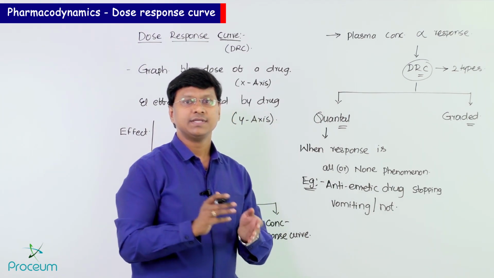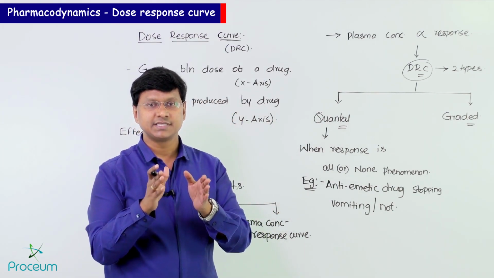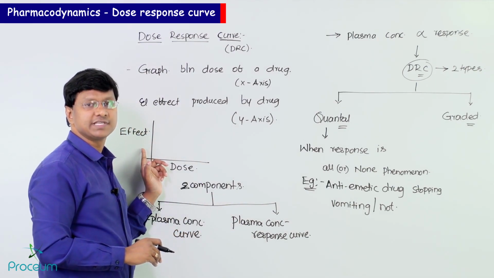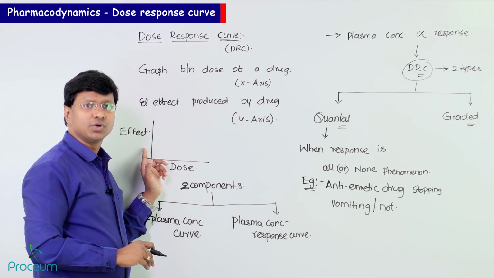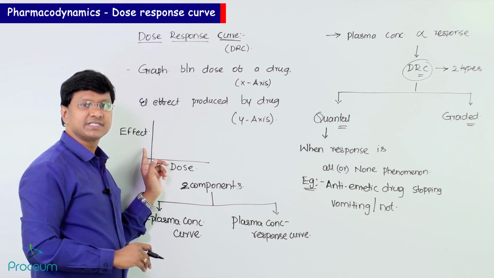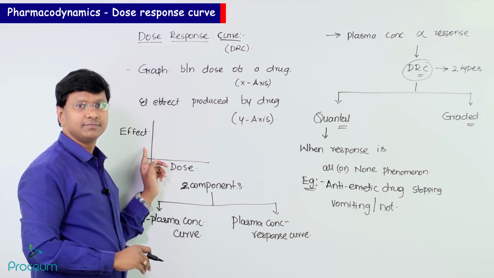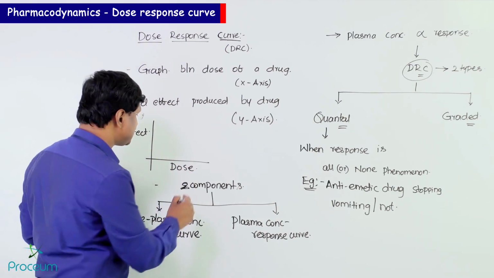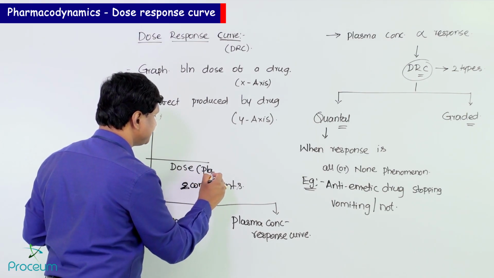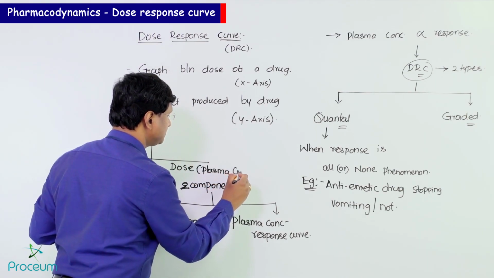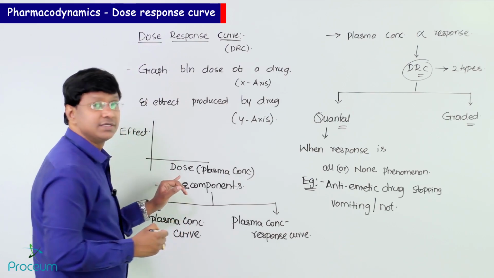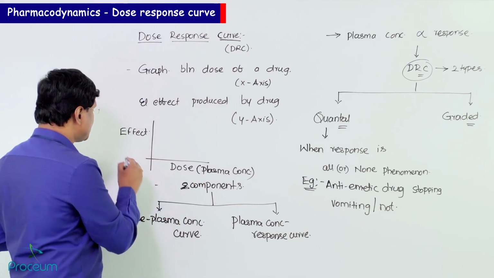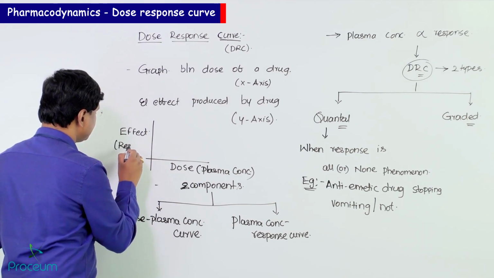Now the y-axis, that is the response axis, shows the number of persons responding, and the x-axis shows the dose or the plasma concentration.